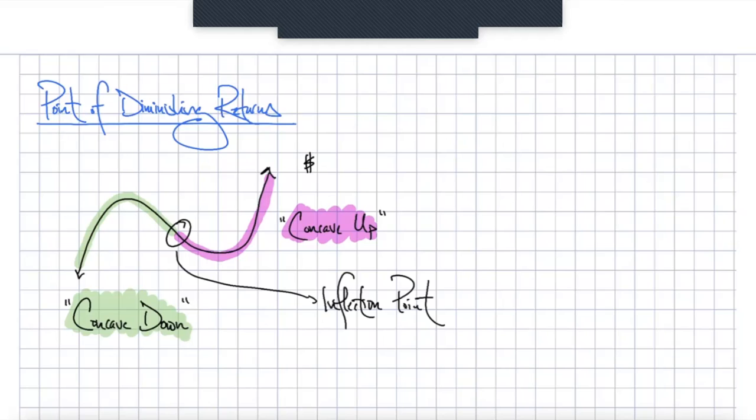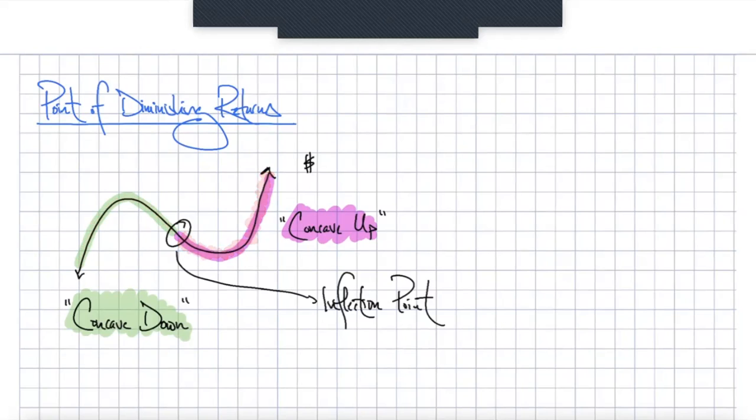And the way we find this is we take a second derivative. So we see where that slope stops being concave down and where it starts being concave up. Okay.